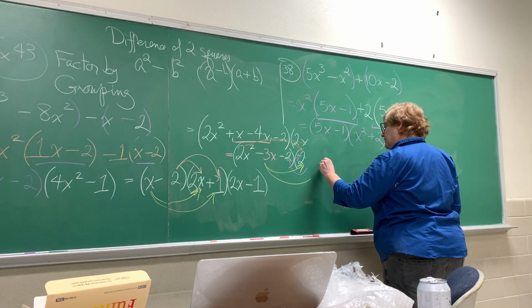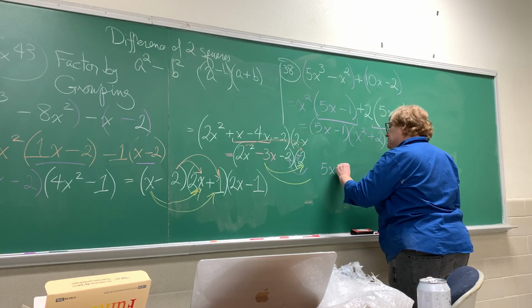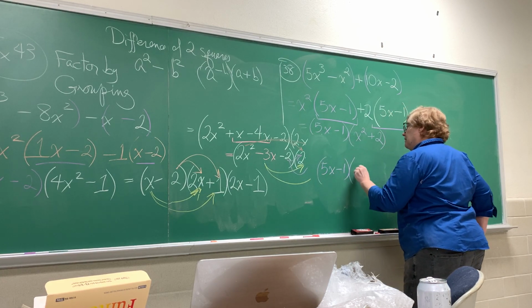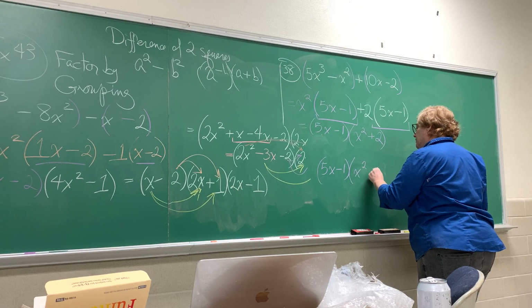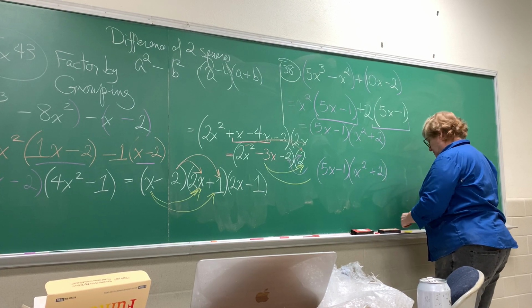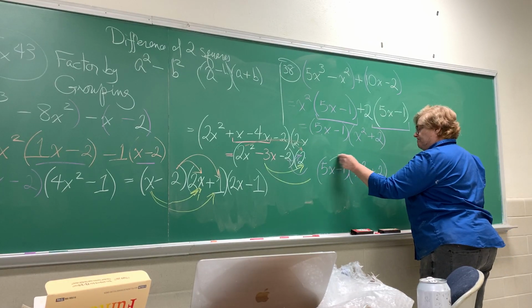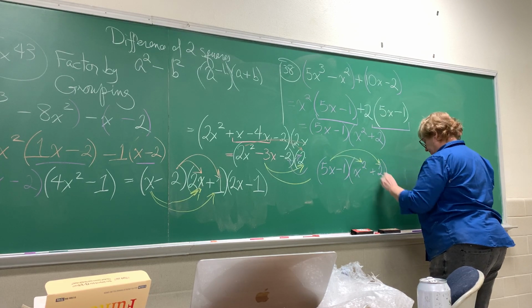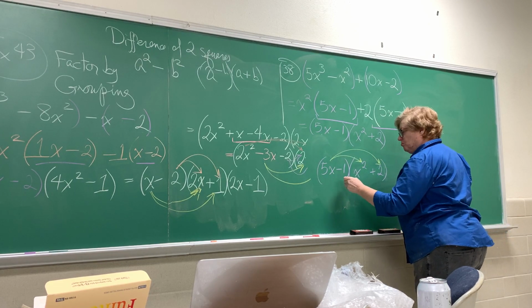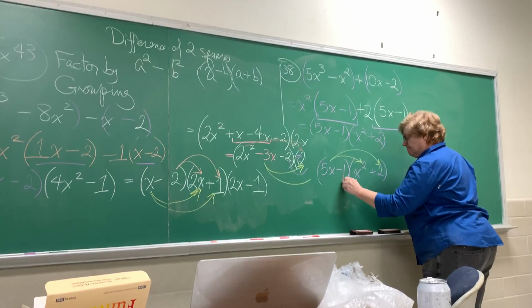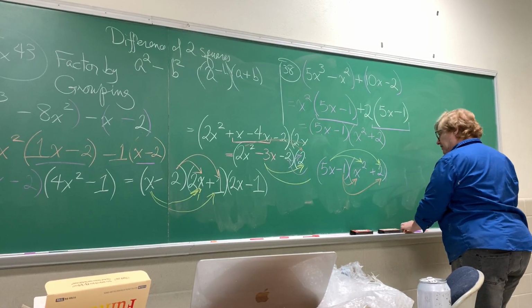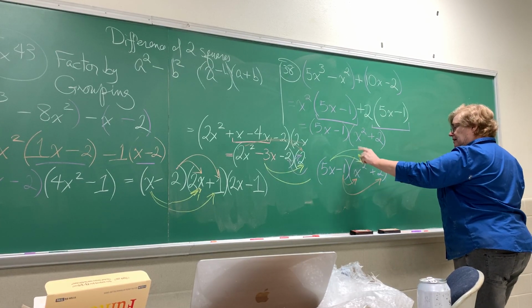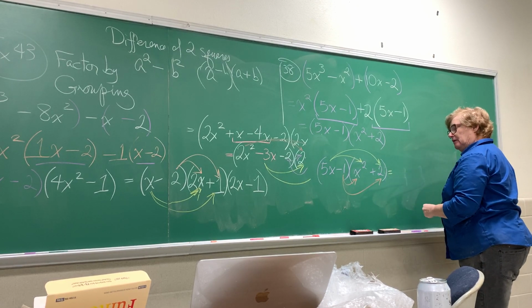So we've got 5x minus 1 times x squared plus 2. So 5x times x squared is 5x cubed.